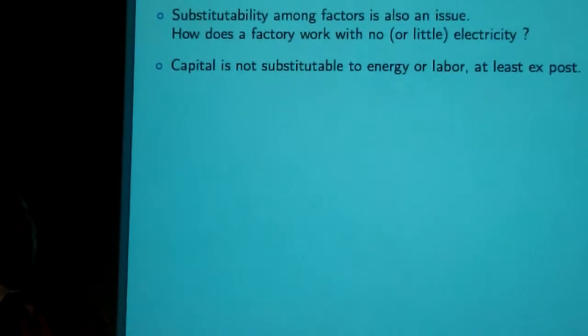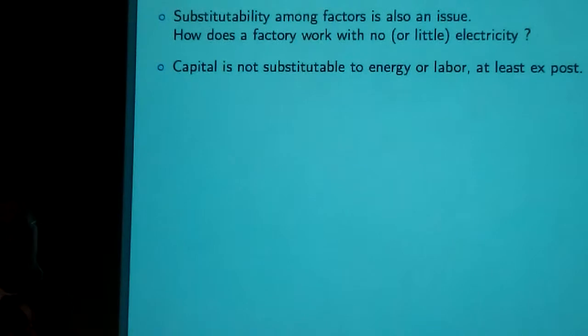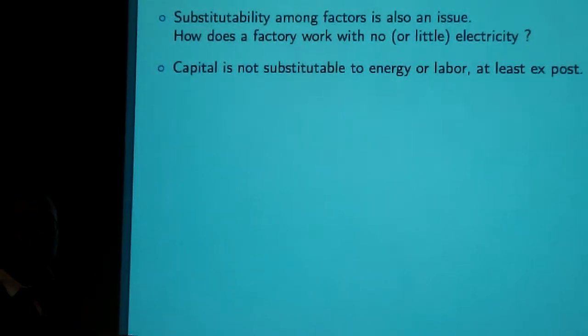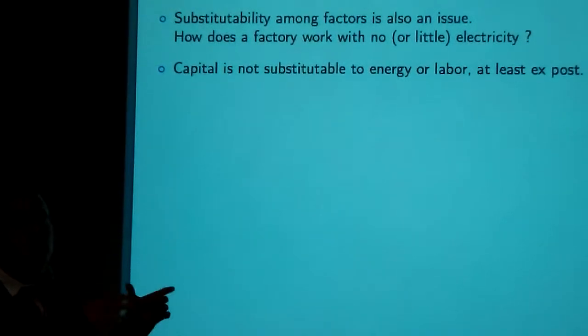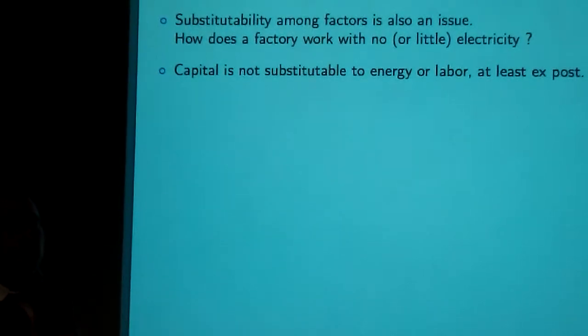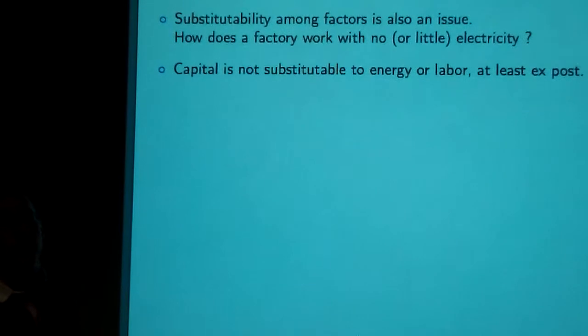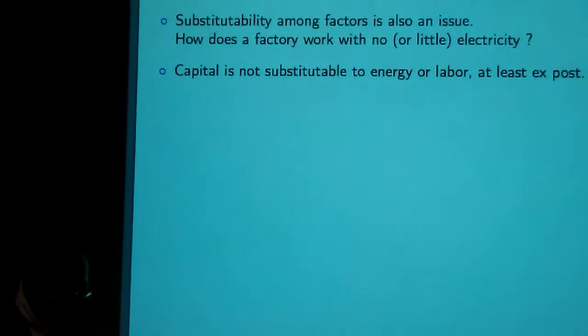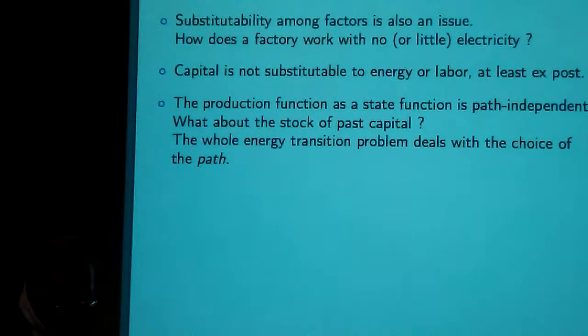Okay? Ex ante, before building the factory, you have a choice regarding the amount of capital, the amount of labor, the amount of energy you will put in your factory, but once it's built, it's done. So ex post, the production factors are no more substitutable. So this is not that easy to include into a model.